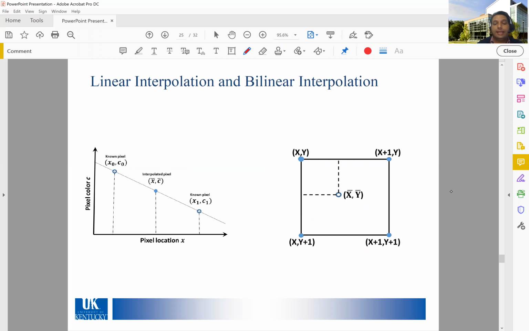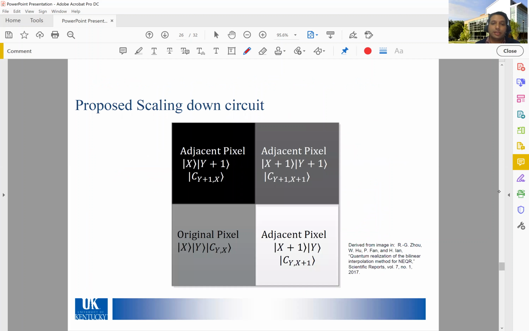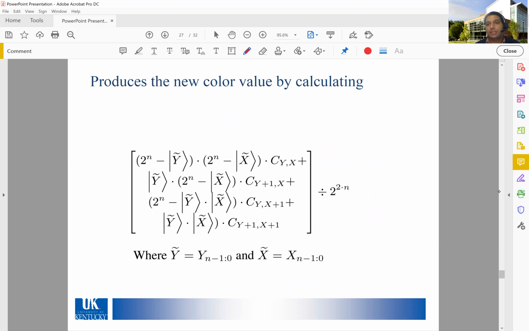The idea is that by using adjacent pixels, you can estimate the value of a pixel. Suppose you want to scale down or scale up an image. This figure represents a grayscale image. Suppose you want to change the color. The new color will be represented by a set of equations like this.